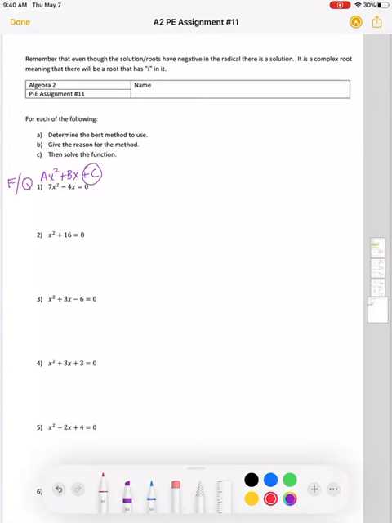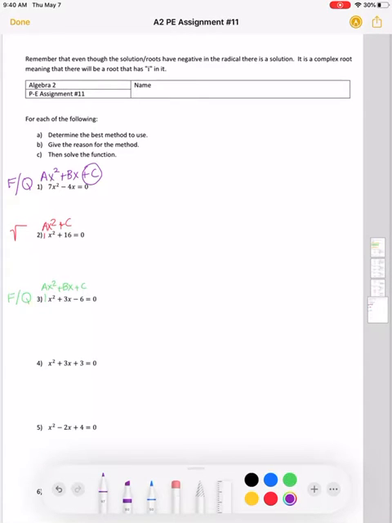On number 2, we have ax squared, where a is 1, plus c. b is missing, so you are going to use square root on number 2. Number 3, again, there's a 1 there, ax squared plus bx plus c. It has all of the required parts, which means either you are going to factor or use the quadratic formula.